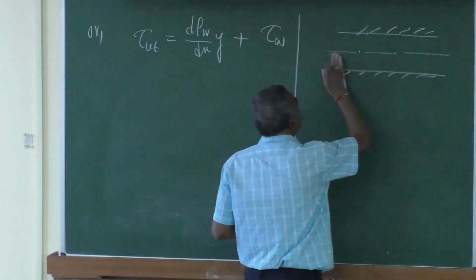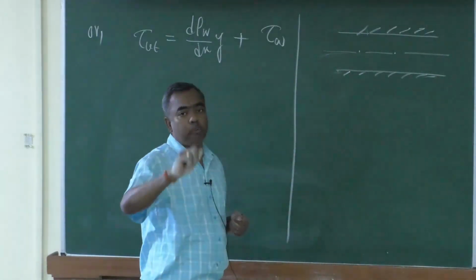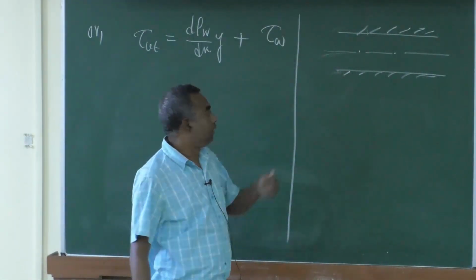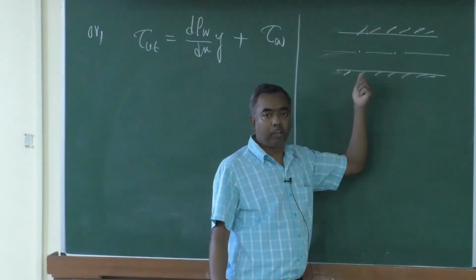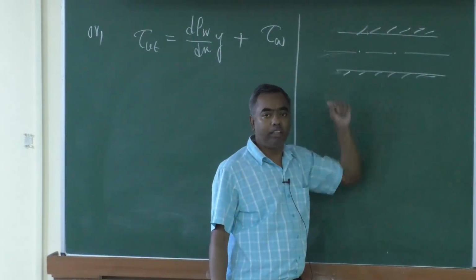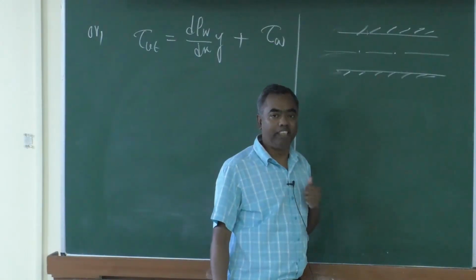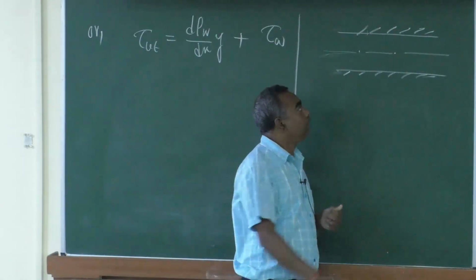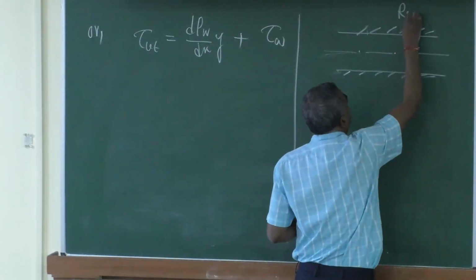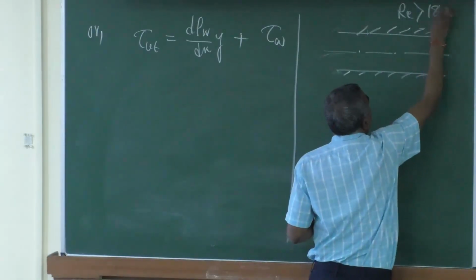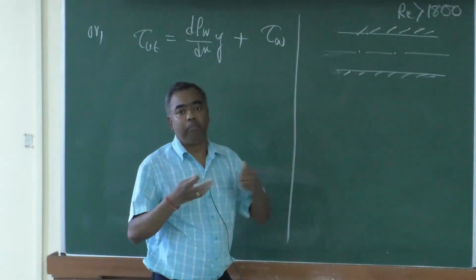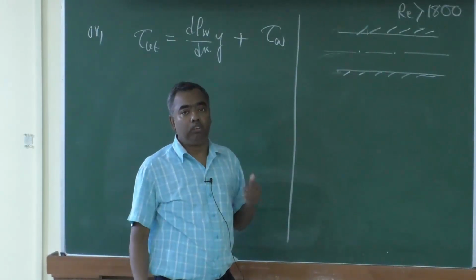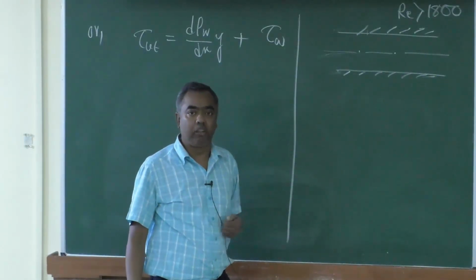And by the way, I have forgotten to mention one more point. Since we are talking about turbulent channel flow, the Reynolds number based on the bulk velocity and the total height of the channel should be greater than 1800. Of course Re is greater than 1800, because only then can a channel flow be turbulent, although the transitional effect can be noticed till 3000.